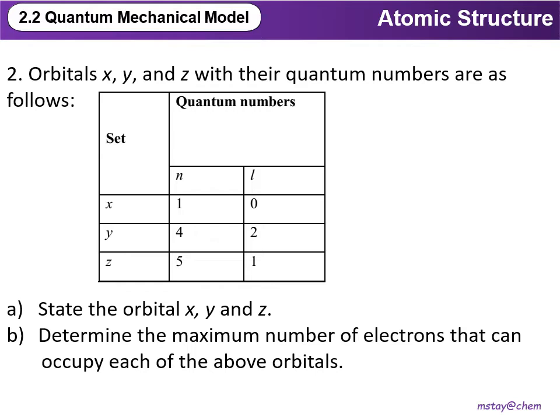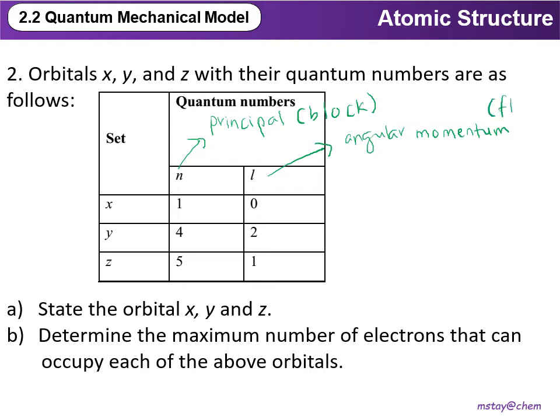Question number 2. Orbitals 1s, 4d, and 5p with their quantum numbers are as follows. Once we look at the symbol n, we know this is the principal quantum number, while l means the angular momentum quantum number. Just now we said n lets us know which block the electron stays in, and l which floor.